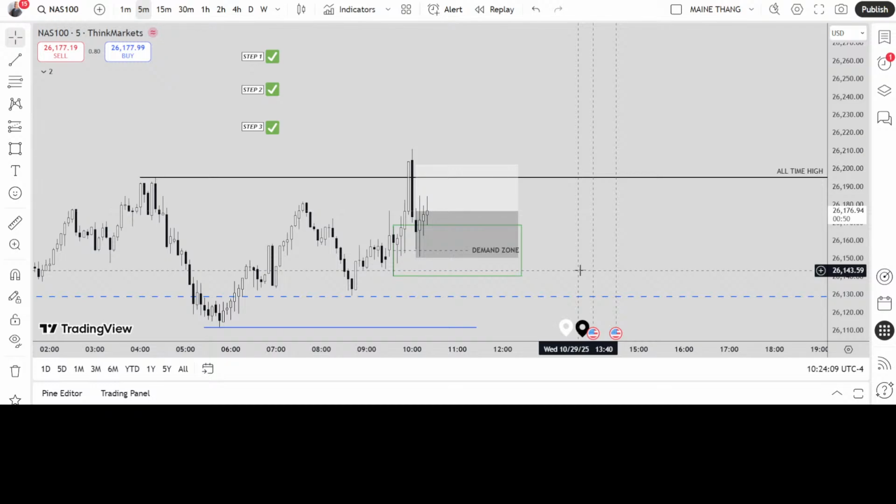I like to see the track stars. We got less than 30 seconds on this candle. Got some indecisiveness for sure.